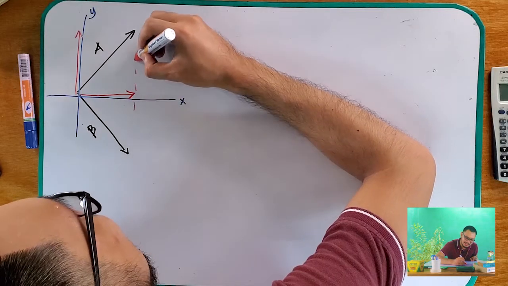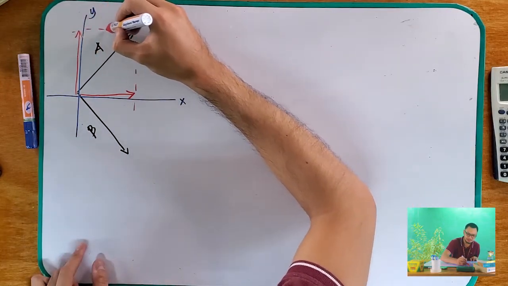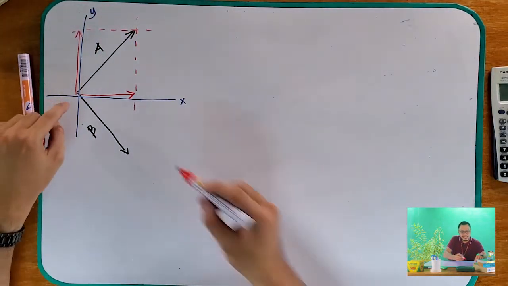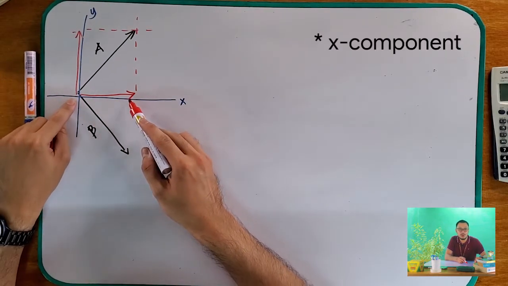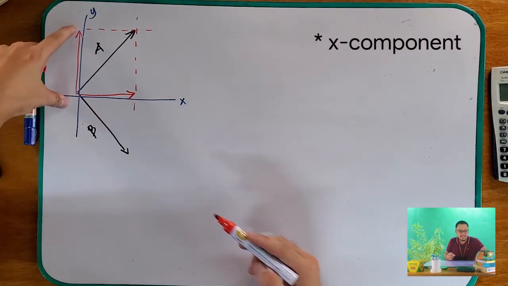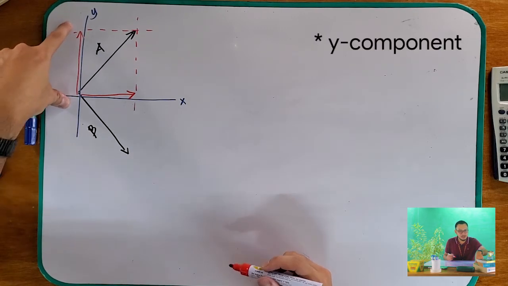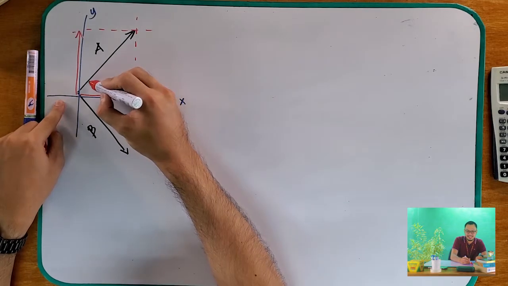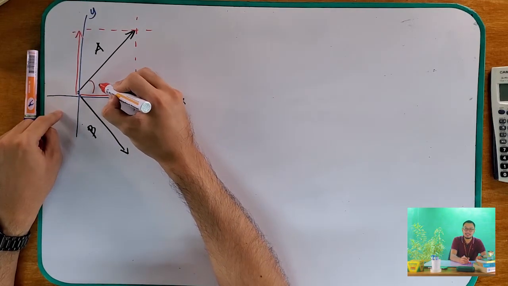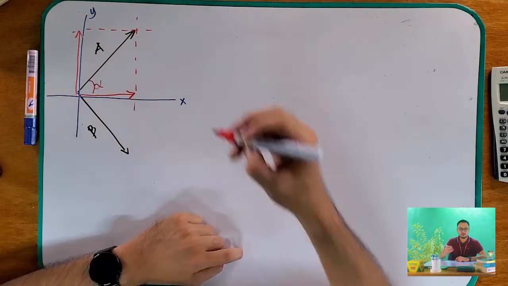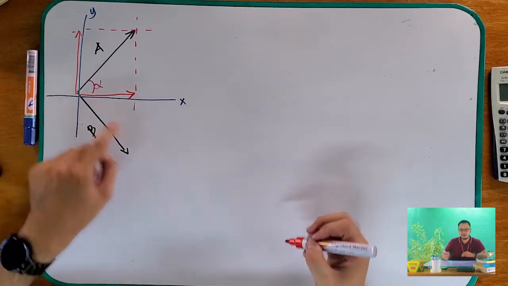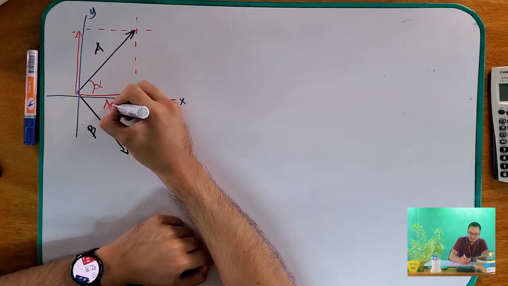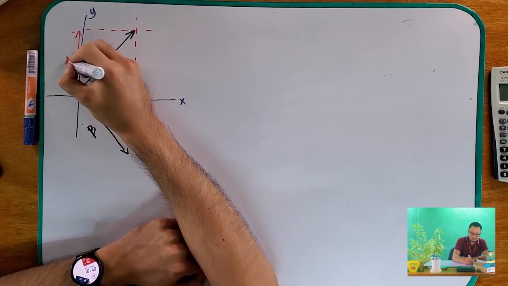So it is parallel to our x and y. This length is our x coordinate of A, and this length is the y coordinate of A. Okay? So, given that, let's say this angle is called alpha, we will call these Ax and Ay.